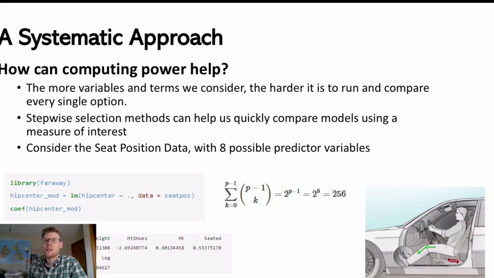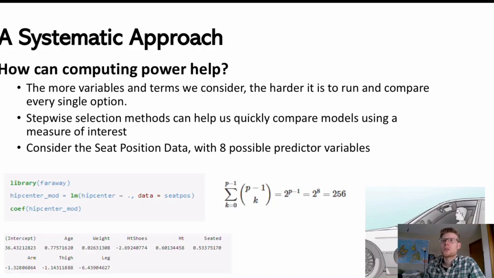Rather than me trying to sort through and figure out which ones I want to use and compare them, it would be a lot easier if I used some kind of systematic method, like the stepwise function in R, to do that for me and to filter out some of the models that probably wouldn't make much sense, and to systematically find what would probably be the most sensible models.